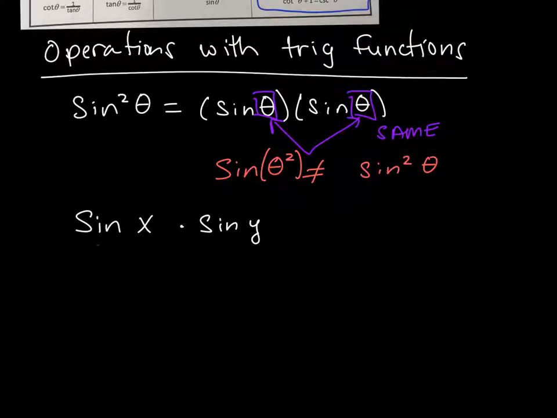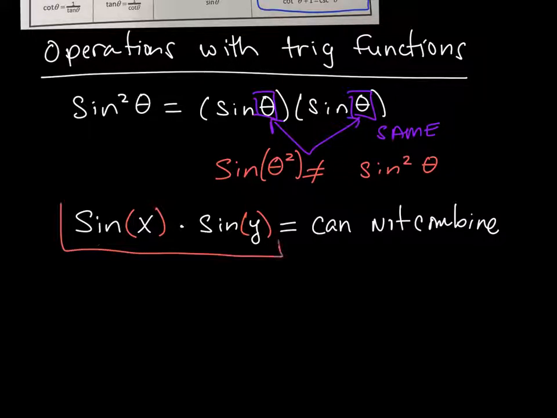These are two different terms. You cannot combine these. And again, that's because this argument here is different from that argument there. When that happens, there's nothing you can do. This would be as much as you would be able to simplify that.